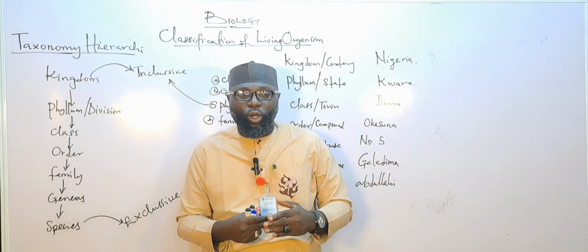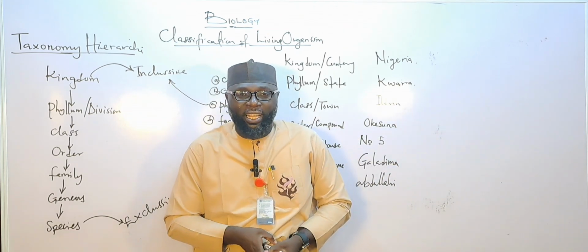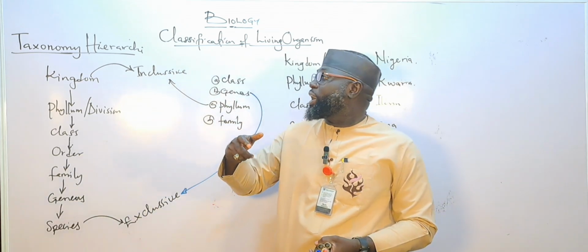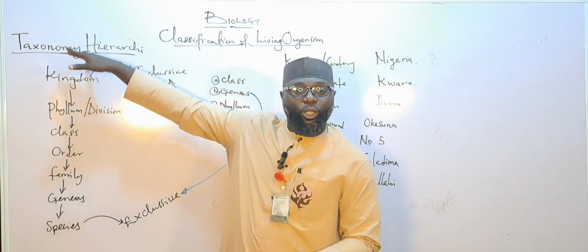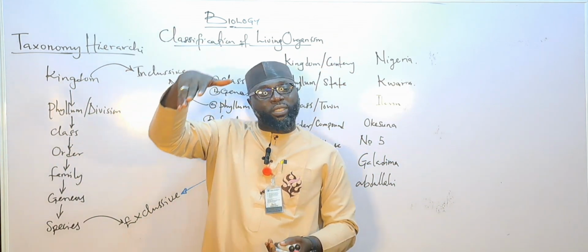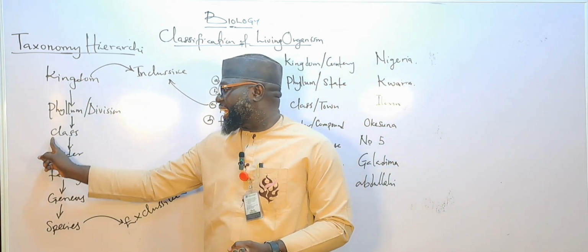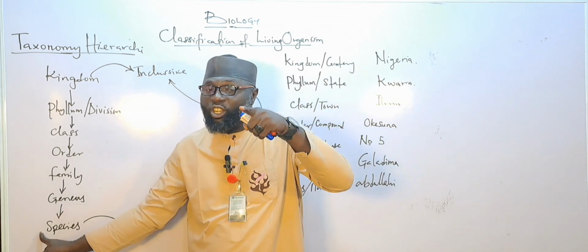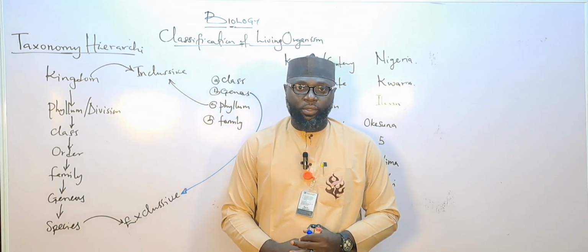The first one is that he introduced a systematic classification hierarchy to us. All living organisms can follow this hierarchy: kingdom, class, order, genus, and species. In the hierarchy of John Ray, there is no phylum and no family.